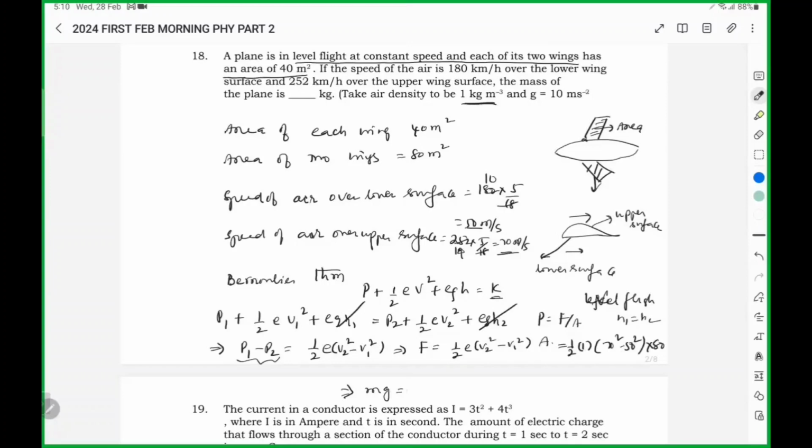After simplification, it is half into 120 into 20 into 80, which is 96,000. G is 10, so it gets cancelled, and the mass of the plane will be 9,600.